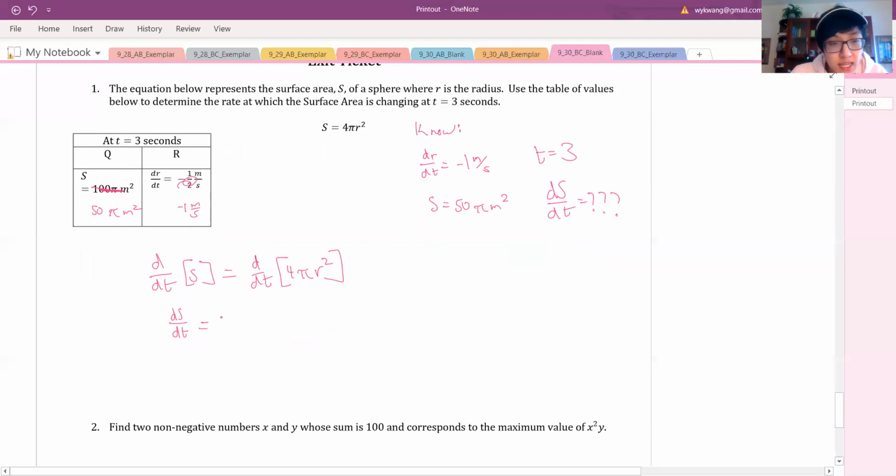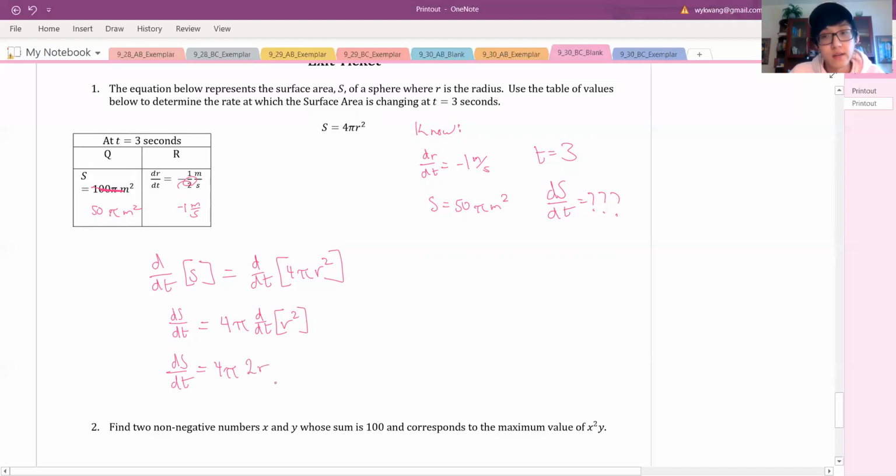Well, I'm going to take out the 4 pi first, just to make it more obvious, but we're only differentiating the r squared. So that's going to be ds over dt is equal to 4 pi. Now I'm just going to do power rule, right? The derivative of r squared is 2r.